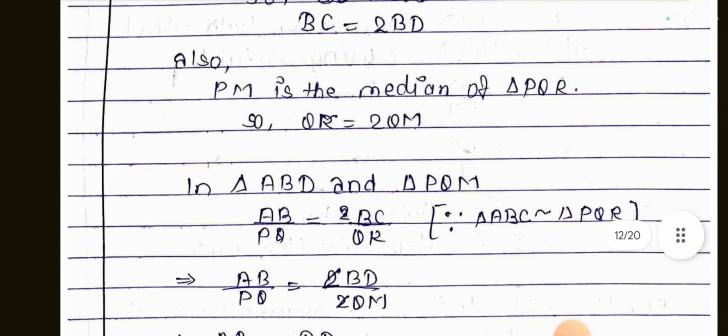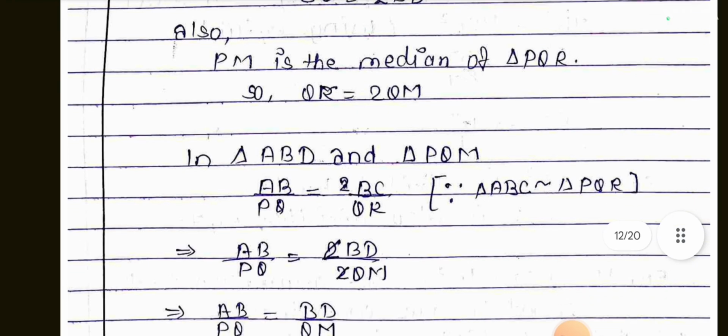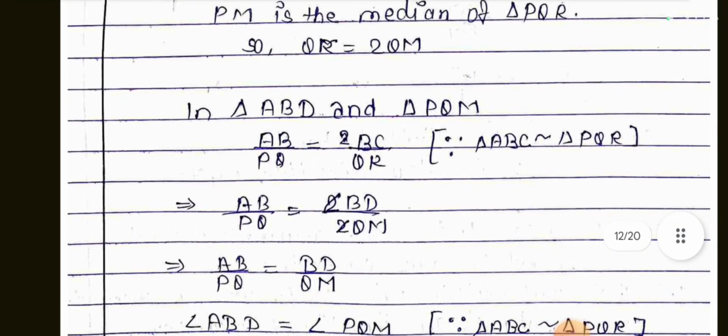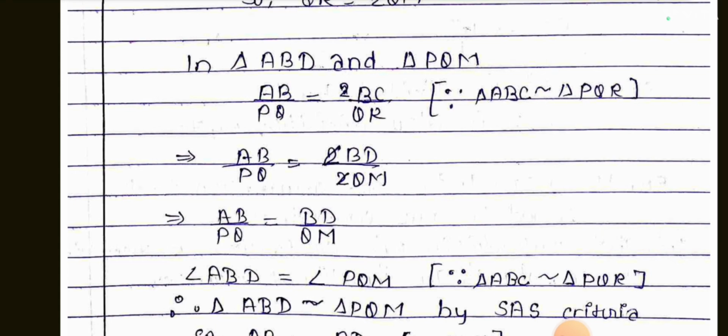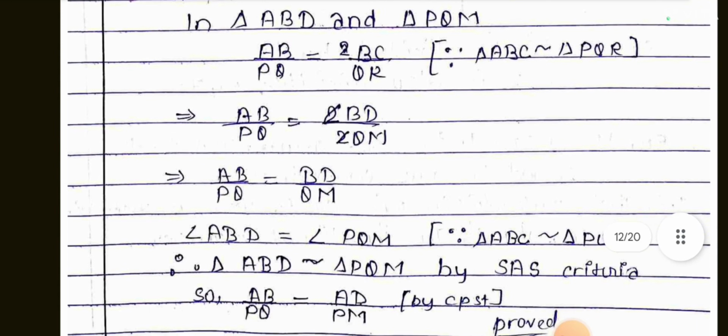Now in triangles ABD and PQM, AB by PQ equals BC by QR, which is already given in the question. Instead of BC we can write BC equals 2BD and QR equals 2QM. The 2 will cancel. In this way we can see that AB by PQ equals BD by QM.